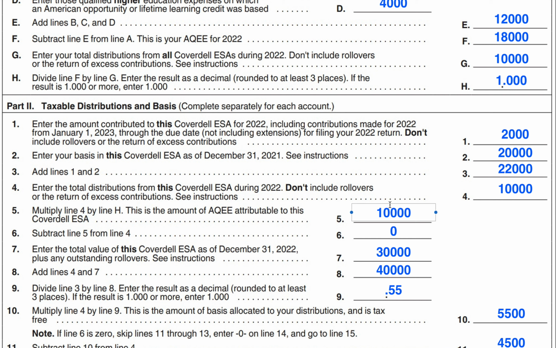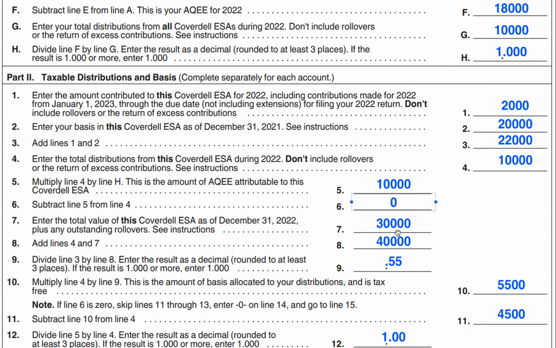So that's the amount of the adjusted qualified educational expenses that are attributable to this Coverdell ESA. So if, for example, there were $20,000, but only $10,000 came from this account, then we would be separately calculating the amount of adjusted qualified educational expenses for this account, and then we would have to do it again on a different version of part 2 for the other account. So in this example, it's pretty straightforward. We subtract line 5 from line 4 and we get 0.